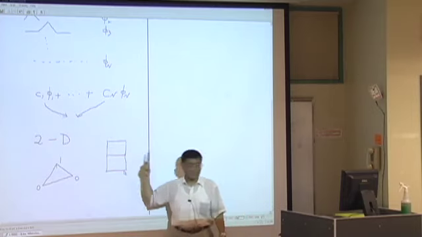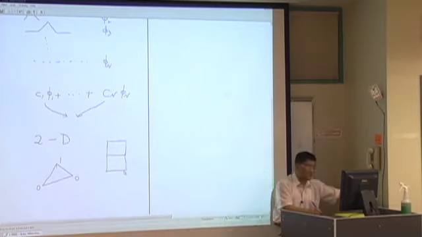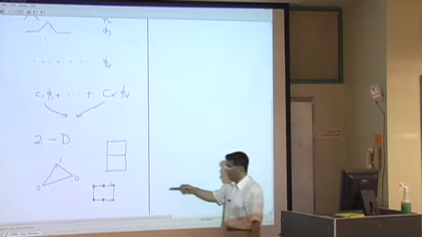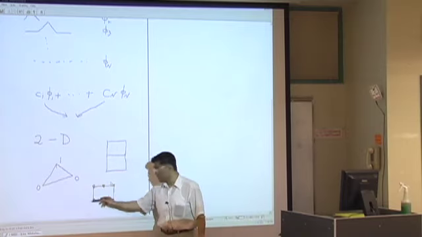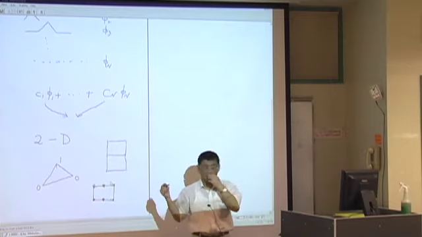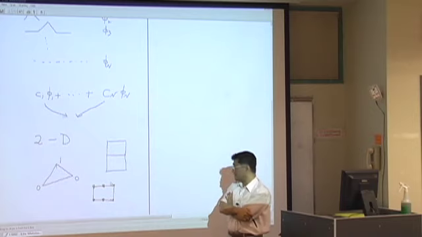And we can even use multiple nodes like this. Inside one shape, we can use multiple nodes. Instead of just vertices, we may use more nodes to represent. So there are many ways of representing finite elements.